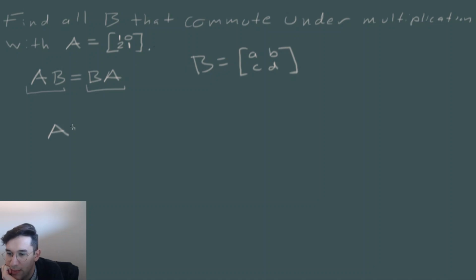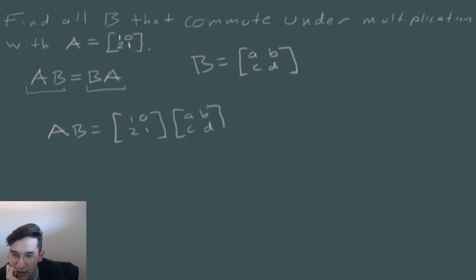So AB equals, let's take A, 1, 0, 2, 1, times B, which is A, B, C, D, and multiply that through. Remember, in matrix multiplication, we take the rows times the columns.